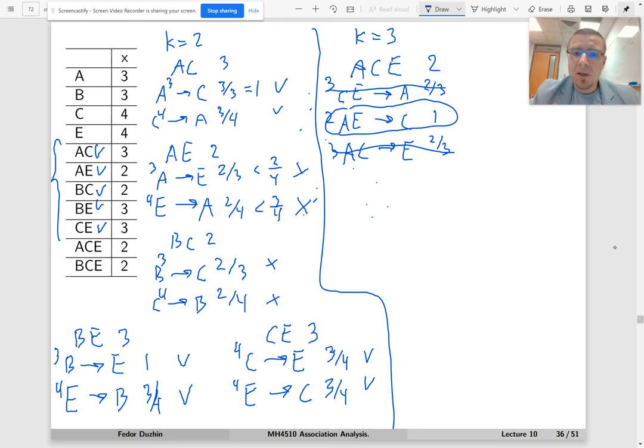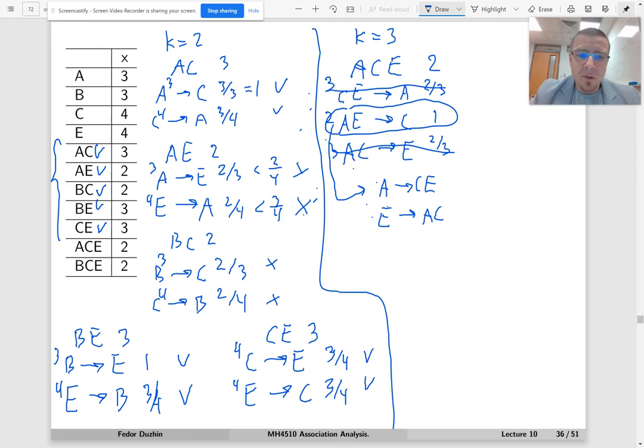So we should try the next level. So we're going to move E and A from the left-hand side to the right-hand side. So we're going to try rules A implies CE and E implies AC, right? So these rules are obtained from this rule whose confidence is sufficiently large by moving something from the left-hand side to the right-hand side.